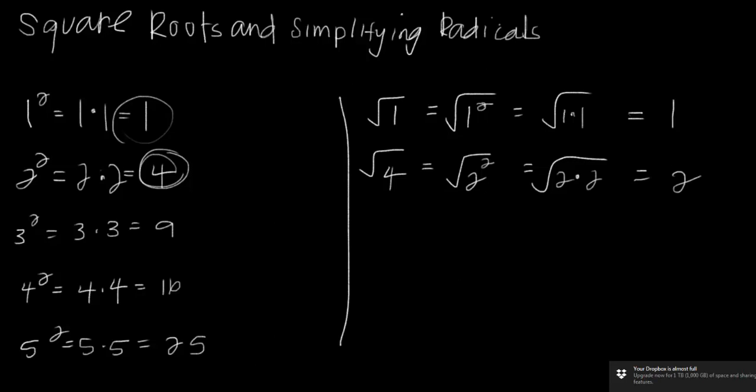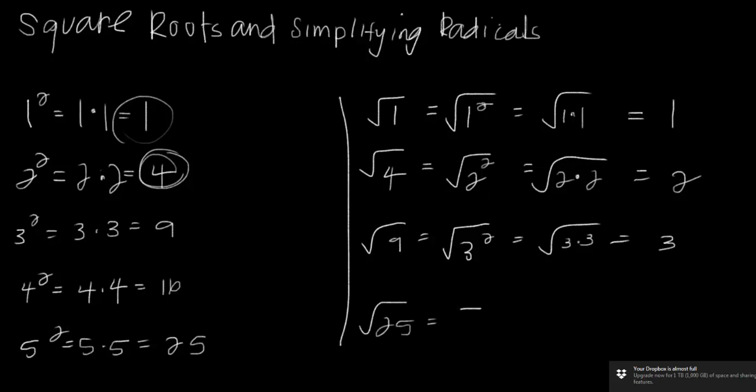Okay? The square root of 9. 9 can be written as 3 squared, or 3 times 3. So that makes the square root of 9 just 3. Okay, the square root of 25 is, well, you could say that it's 5 squared, or 5 times 5.